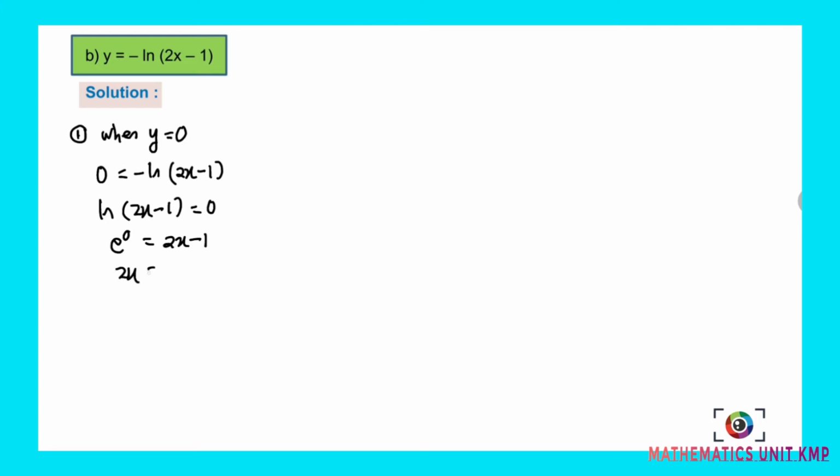Then 2x equals to 1. Okay. The second step, finding the vertical asymptote, 2x minus 1 equal to 0. Okay. So x equals to 1 over 2. Alright. That is the vertical asymptote. Alright.